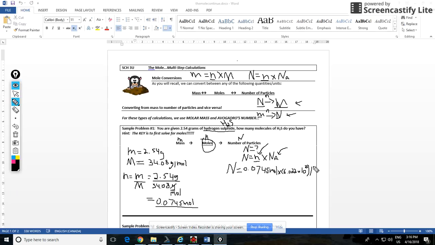Now we're dealing with particles of H2S, so I'll just put H2S per mole. You have mole over mole that can cancel out, and you're left with H2S molecules.